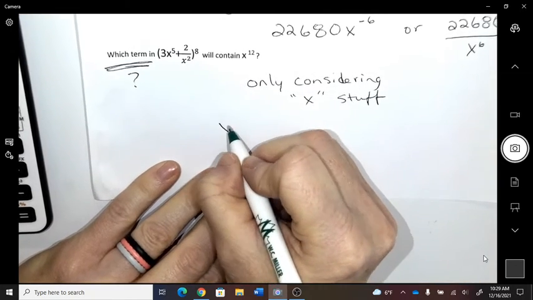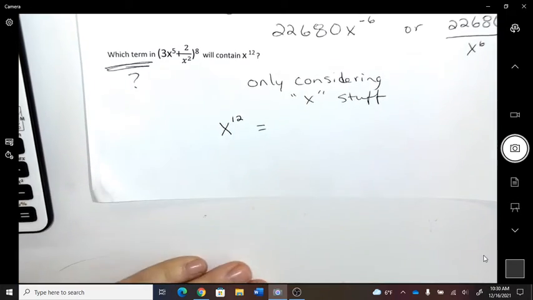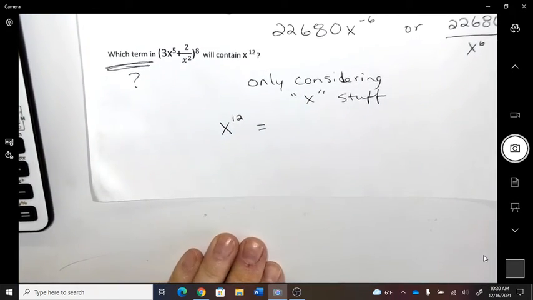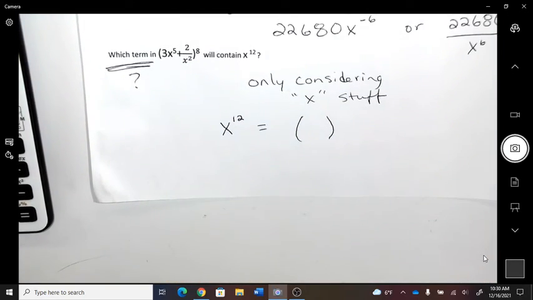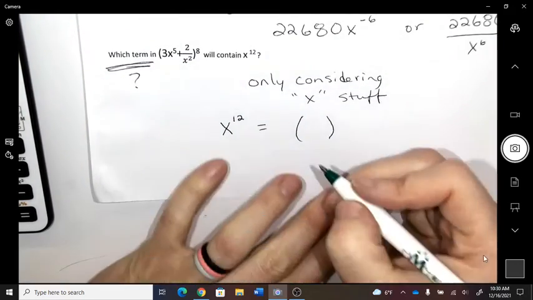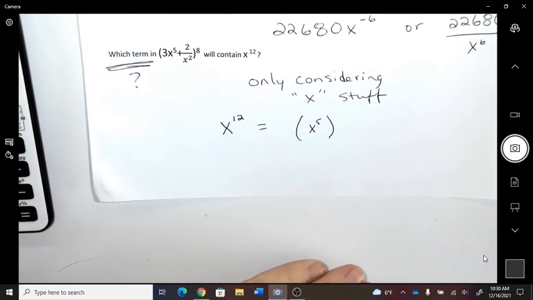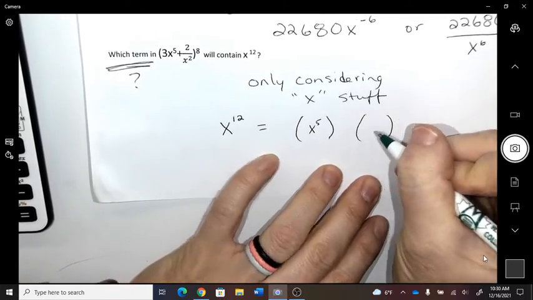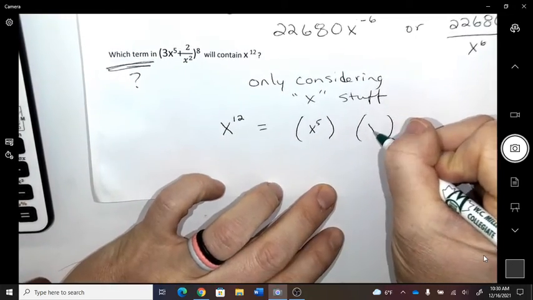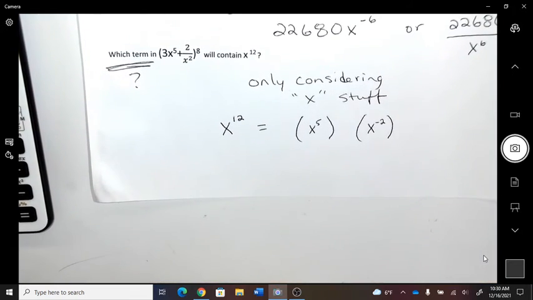Okay, so I want it to end up with an x to the 12th. From the first unit, I used x to the 5th as the x stuff there. And in the second unit, the x's, can you write that with a negative? Does that make sense? So I'm just taking the x portions, not anything with numbers.